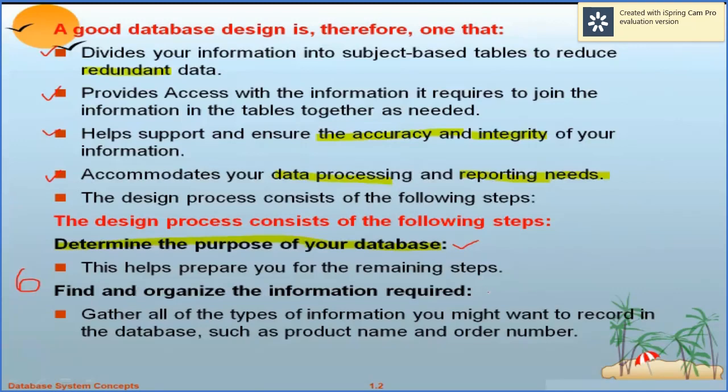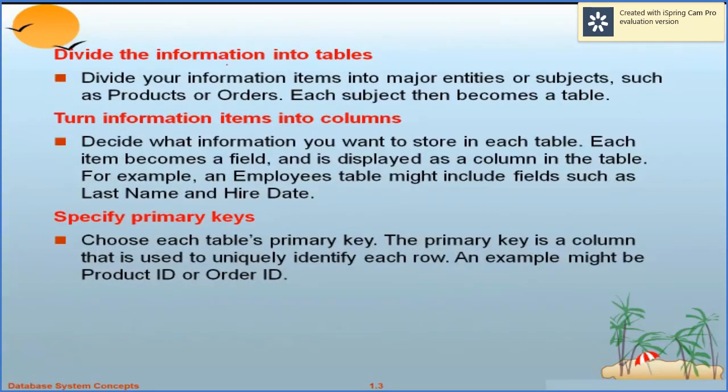The next one is to find and organize the information required. You pull out all the information that a particular database has to handle and organize it according to categories, like how I just spoke now. The next one is to divide the information into tables.